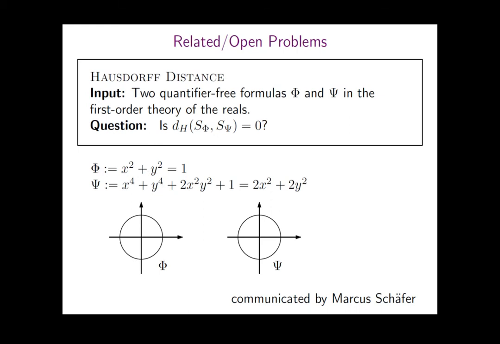You can see phi could be this simple equation and psi could be this other simple equation, and if you draw the two sets which satisfy these equations, you see they are the same, right? So maybe recognizing whether two formulas give the same thing might be harder than just existential-hard. That's a very interesting question, I find.